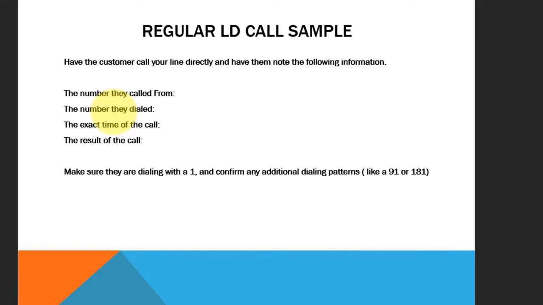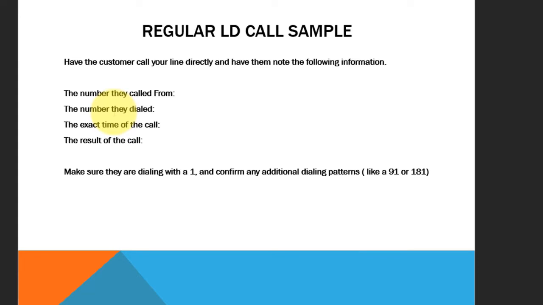Another thing too, when we're calling into the site or the customer, and we get someone on the line who can help us, we also want to confirm their dial pattern. So here at Granite, when I need to make a call out to a different number, I dial on my phone equipment 91 and then the phone number. So that's our dialing pattern, and each site may have a dial pattern, or they may not.